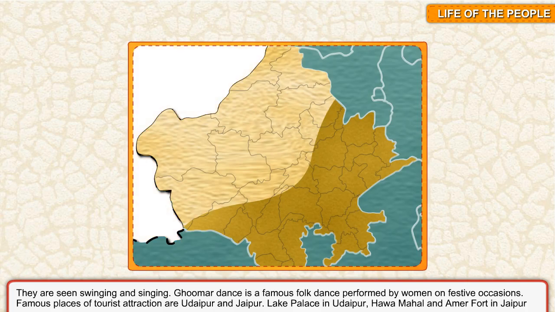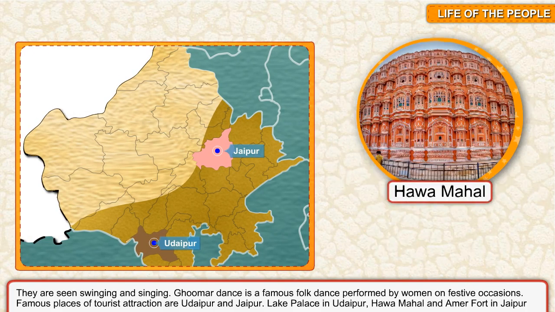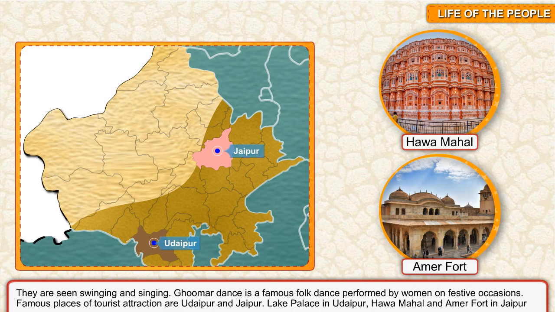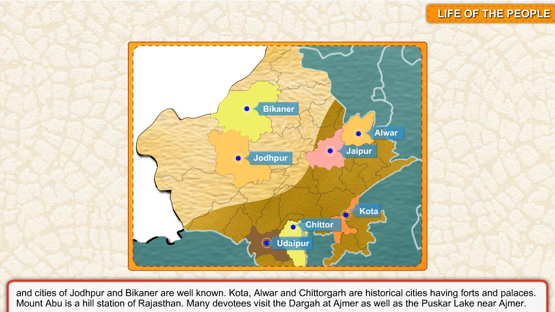Famous places of tourist attraction are Udaipur and Jaipur. Lake Palace in Udaipur, Hawa Mahal and Amer Fort in Jaipur, and cities of Jodhpur and Bikaner are well known. Kota, Alwar, and Chittorgarh are historical cities having forts and palaces.